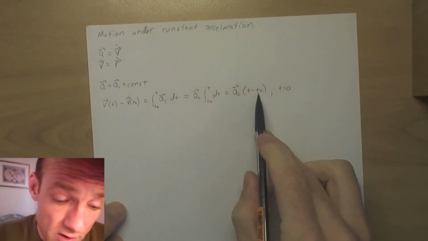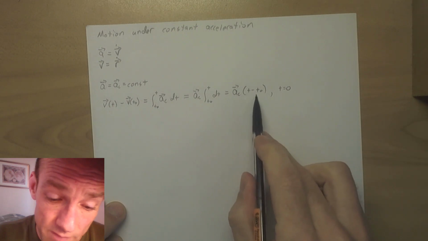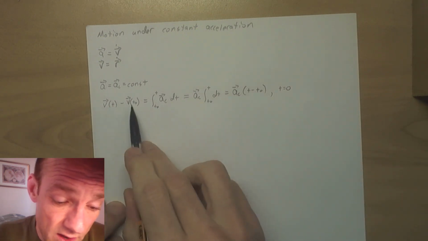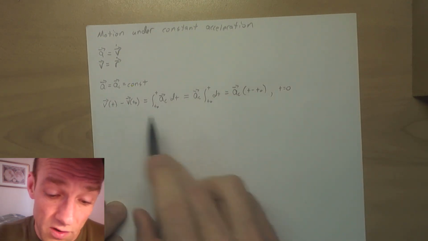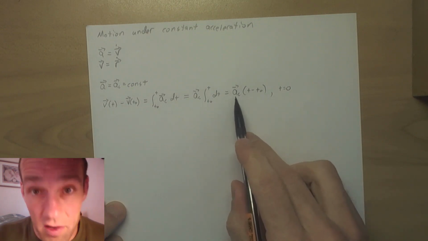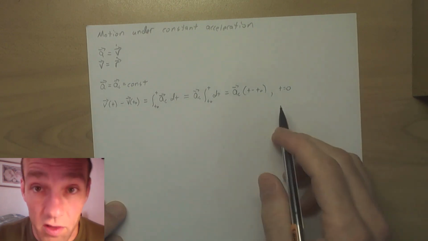So what we're saying here is that the difference in velocity between the two endpoints of the duration is equal to the constant acceleration times the duration itself.